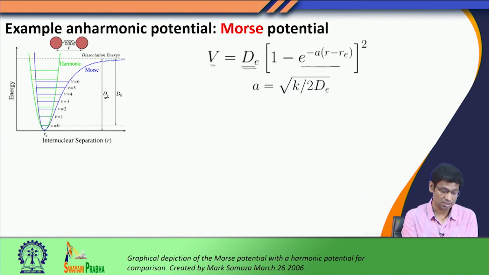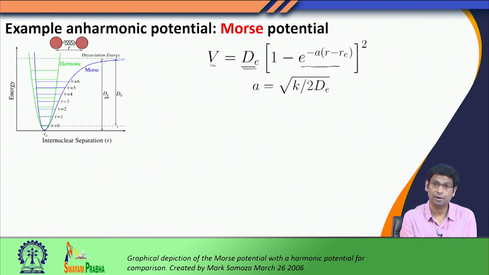Now, this dissociation energy is taken from the bottom of the potential, but we know from the harmonic oscillator problem that molecular vibrations have some zero point energy. That means the V equals 0 energy level has certain energy by itself.